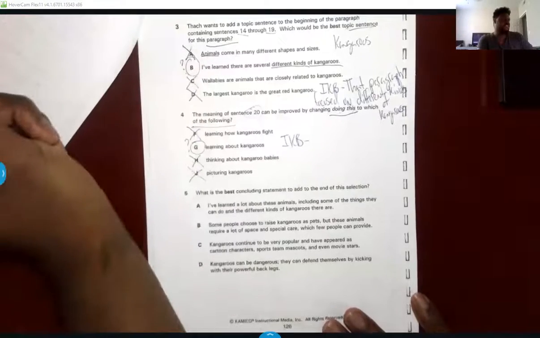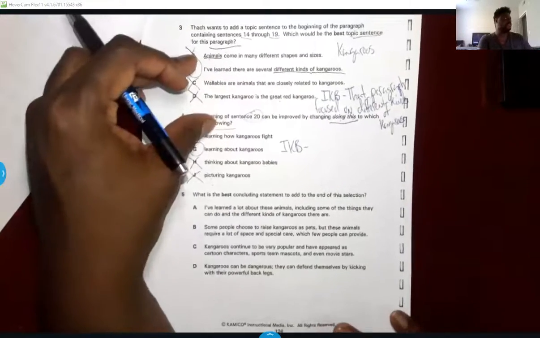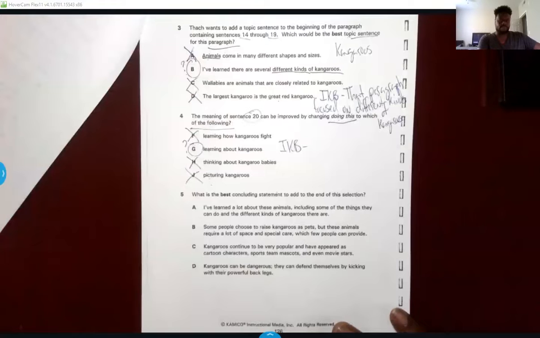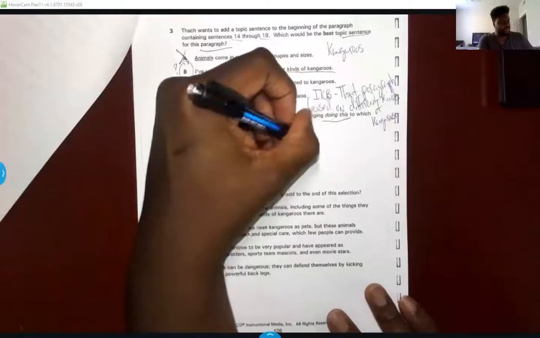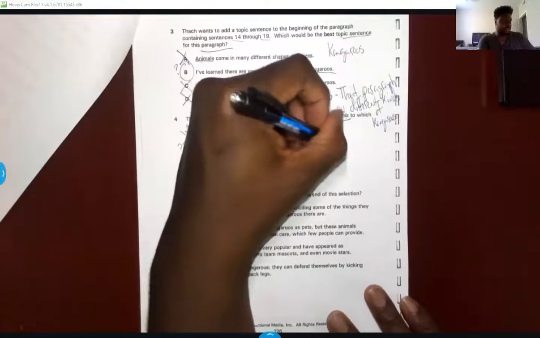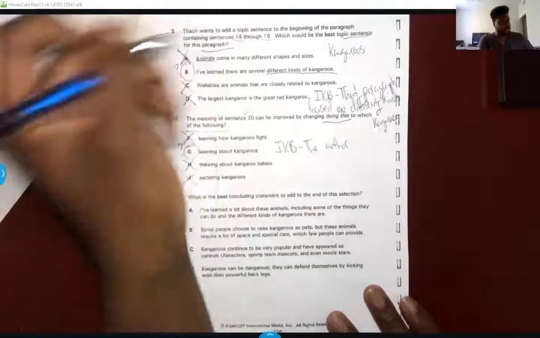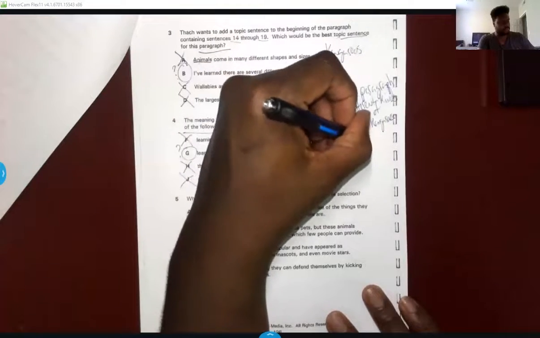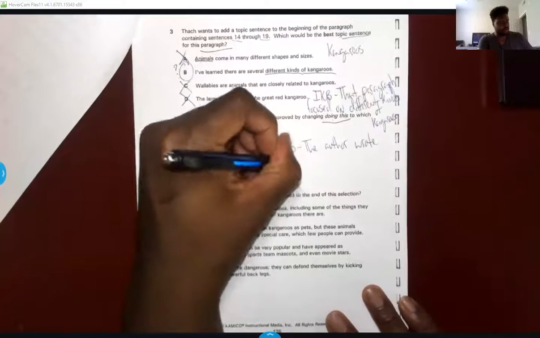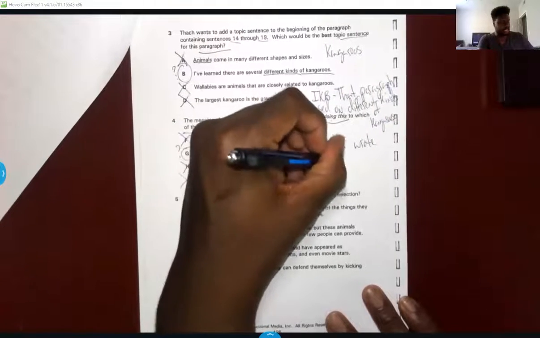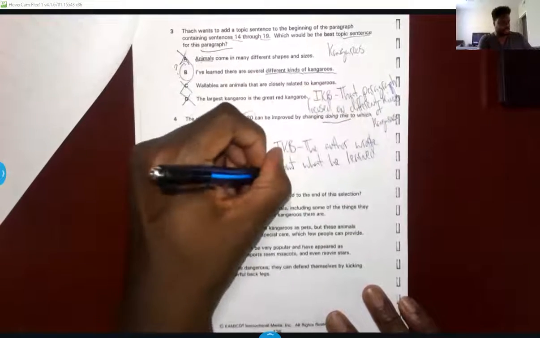What's your I know because for G? Take about 30 seconds. So I put I know because the author wrote about what he learned about kangaroos.